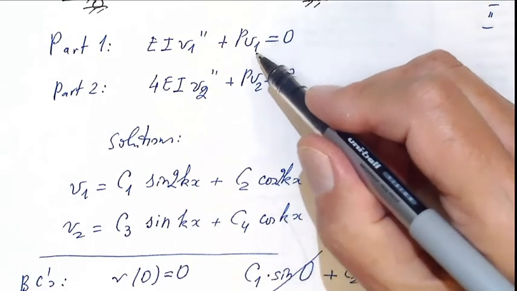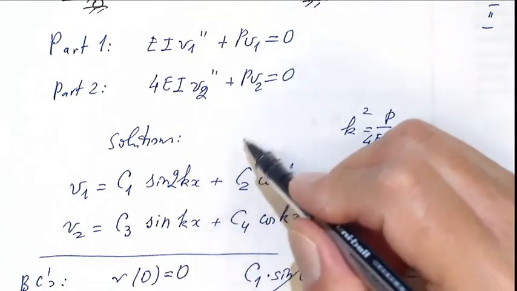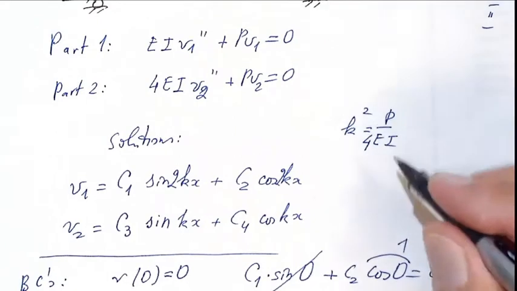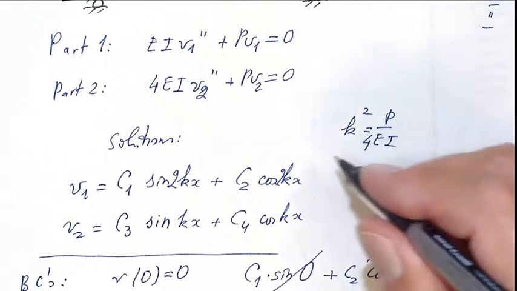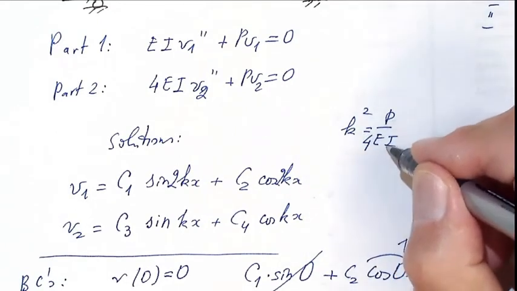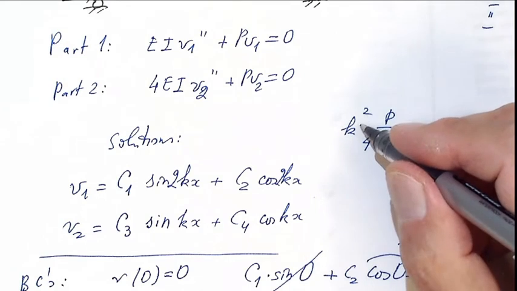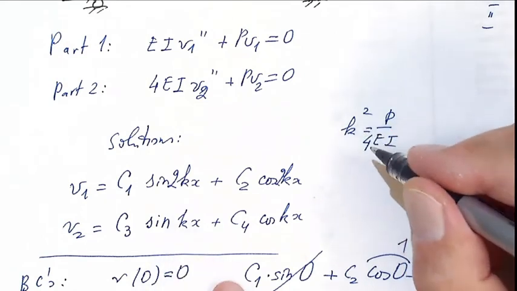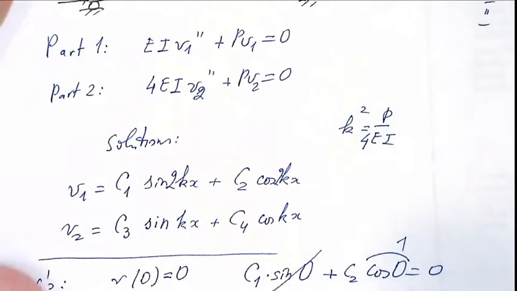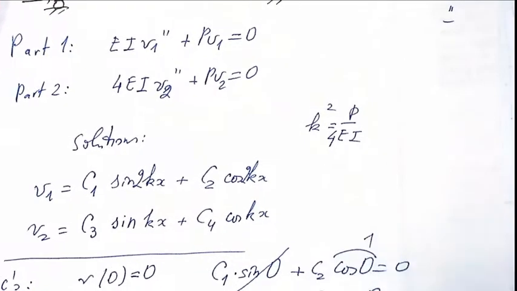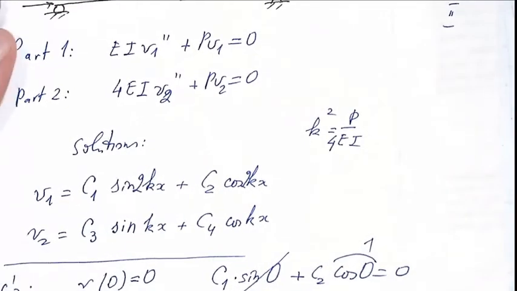Then in the first part will be P over EI. Oh, sorry, I did not pay attention. I denoted P over 4 EI equals k squared. Okay, if that is the case, then here we will first write it down.